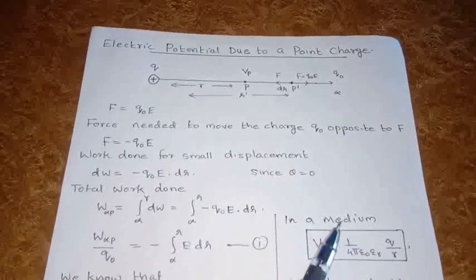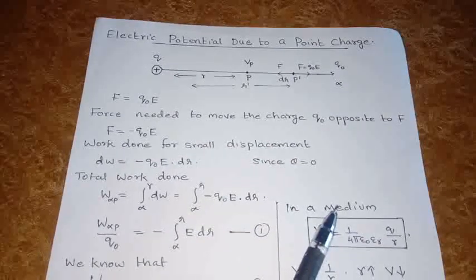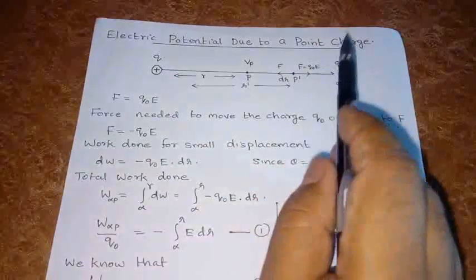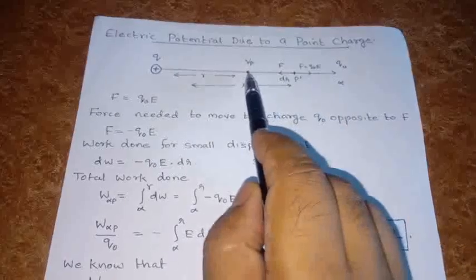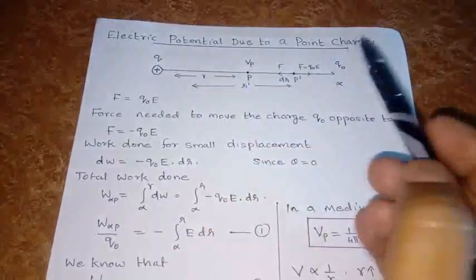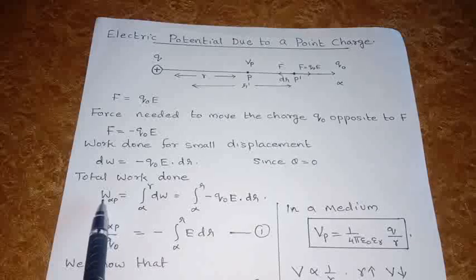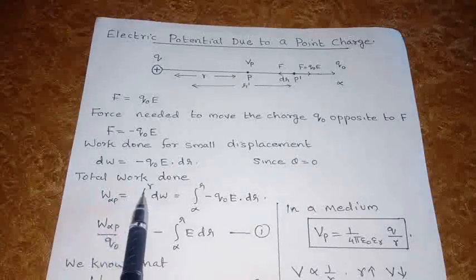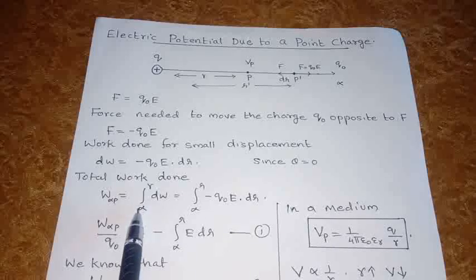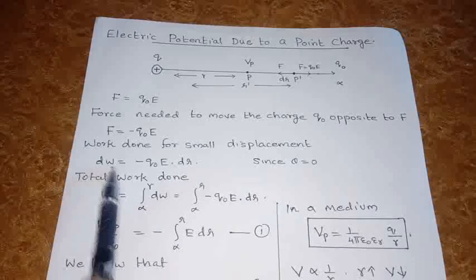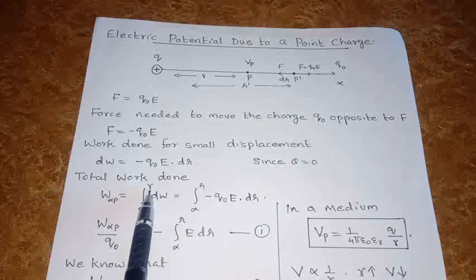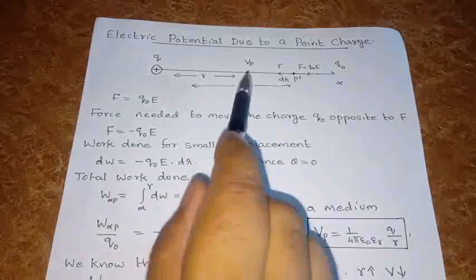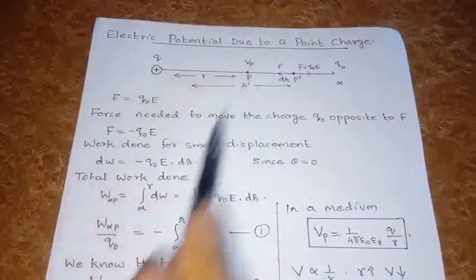But the definition of the potential is the total work done to move the charge q0 from infinity to this point at a distance r. So the total work done W infinity to P can be obtained by the integration of the small amount of work done from infinity to the radial distance r. R is the position of P from the charge.